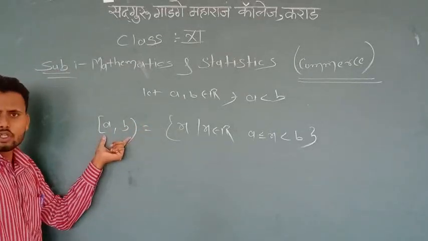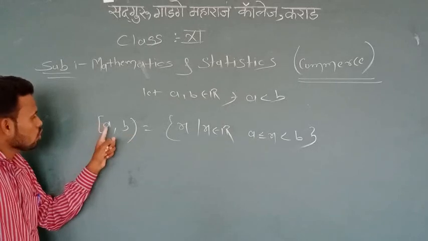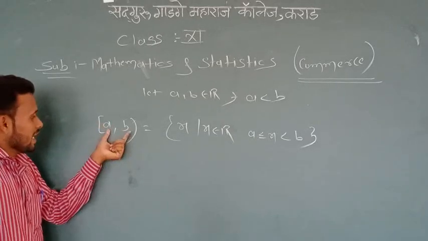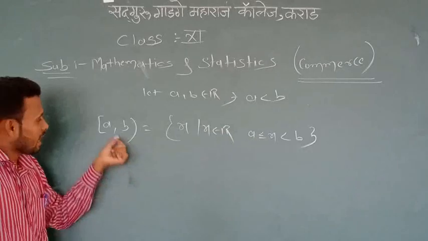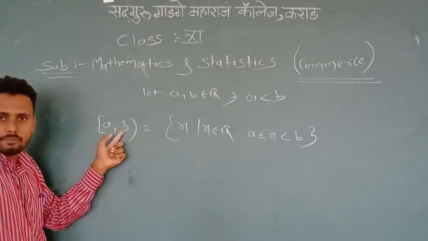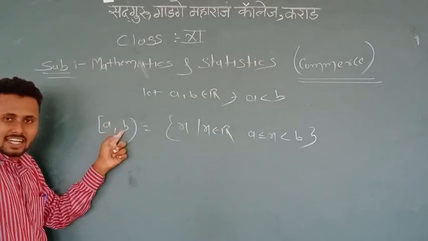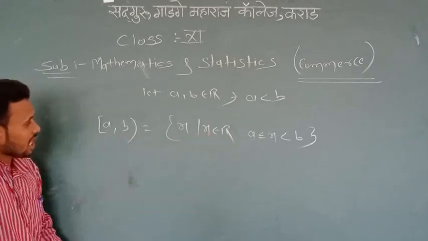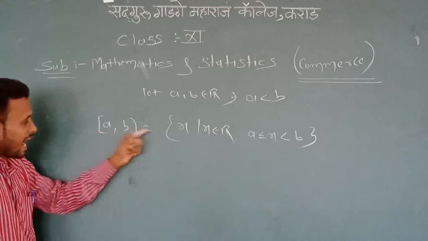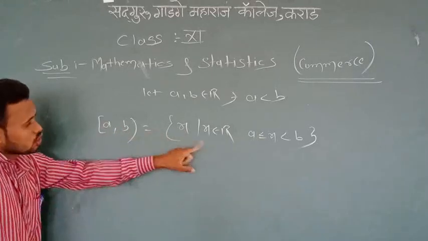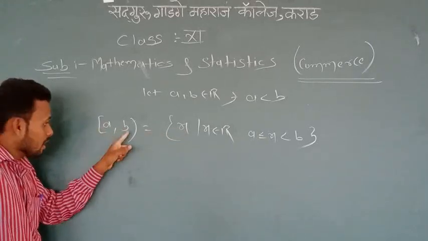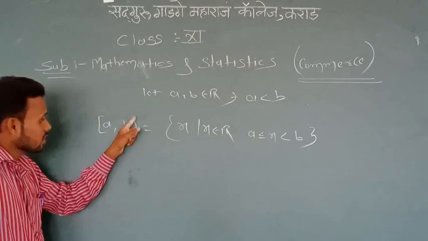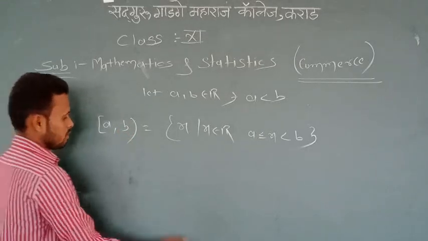Here a and b are any two real numbers and a is strictly less than b. In that set, all real numbers which lie between a and b are included, and the element a is included because it is closed here, but b can't be included because it is open.